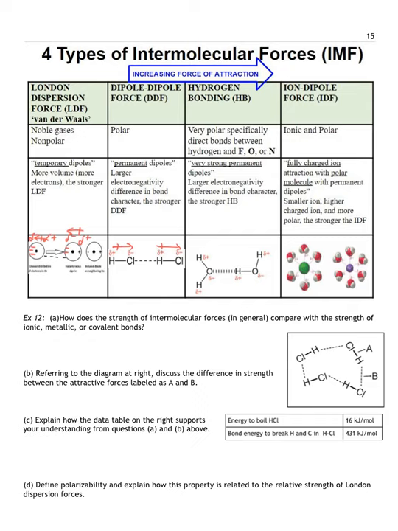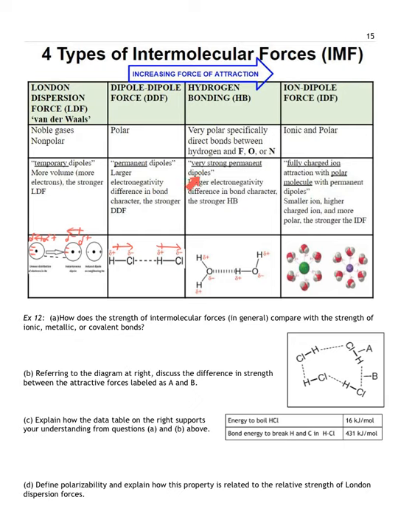Because of the permanence of this dipole created from the sharing of electrons between hydrogen and chlorine, this chlorine, being more electronegative, is going to hold the hydrogen's electron more towards its nucleus, creating that permanent dipole. Now, if you have an adjacent molecule whose side is opposite in charge, in other words, partial negative attracted to partial positive, there are what are called dipole-dipole forces. This is a dipole-dipole force between the substances.